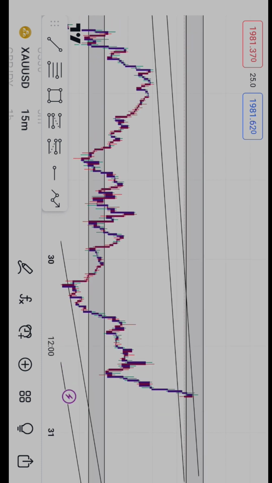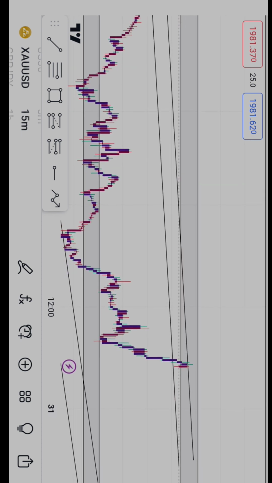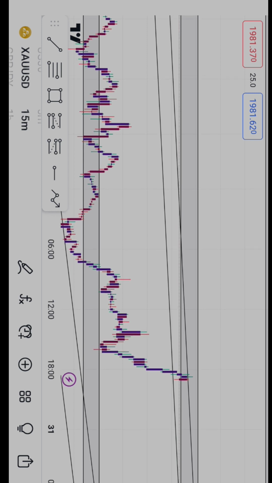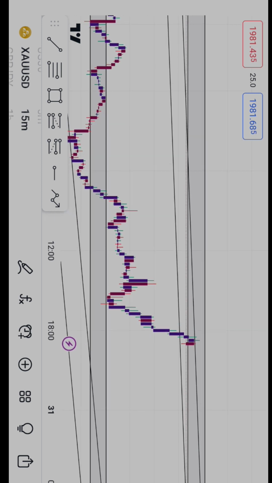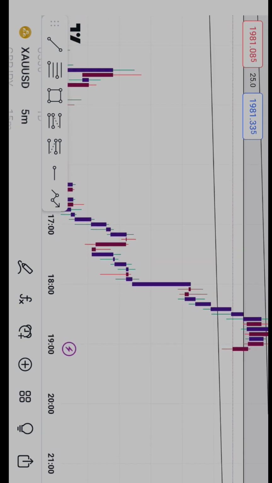First confirmation is price is at a resistance. That's my first confirmation. Second confirmation is it is at a resistance on the trend line. That's my second confirmation. Third confirmation I will look for on the 5-minute time frame, where I look at how price moves.